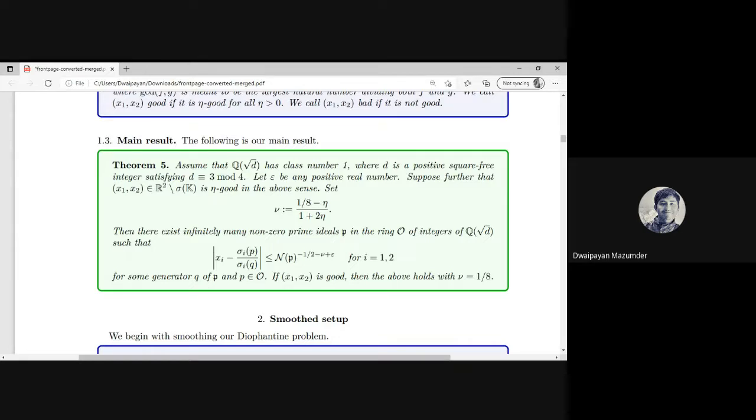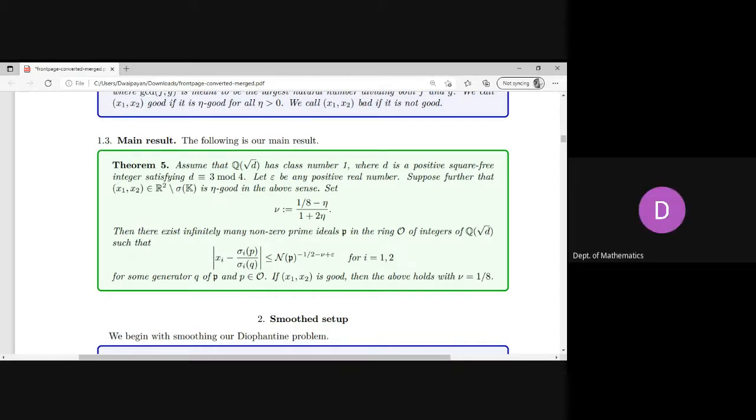Then you can set ν equal to 1/8 minus η over (1 plus η) times (1 plus 2η). Then there exist infinitely many non-zero prime ideals p in this ring of integers such that |xi − σi(p)/σi(q)| is less than or equal to norm p to the power minus (1/2 minus ν plus epsilon) for some generator q of p. And if x1, x2 is good, then you can actually take ν equal to 1/8.